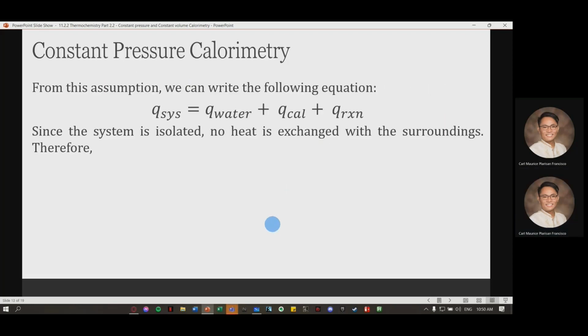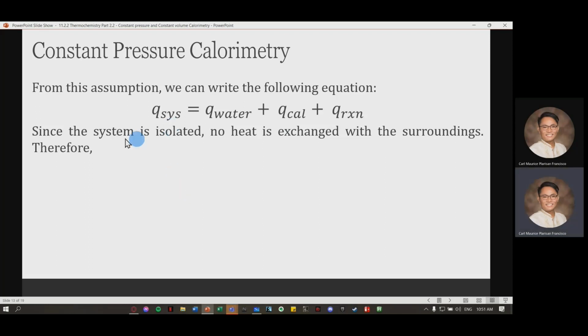Okay? So from the assumptions mentioned by the previous slides and the definition of the constant pressure calorimetry, we can write the following equation. Okay, so heat of the system. Heat of water, yung init na na-absorb ng tubig plus heat of the calorimeter itself plus the heat of the reaction is equal to the heat of the system.